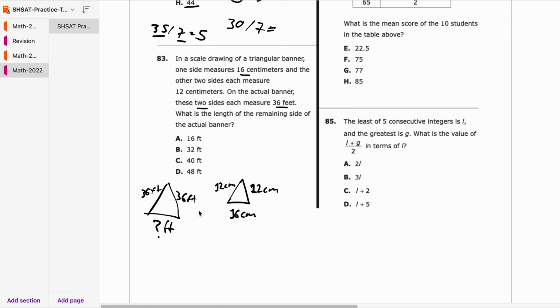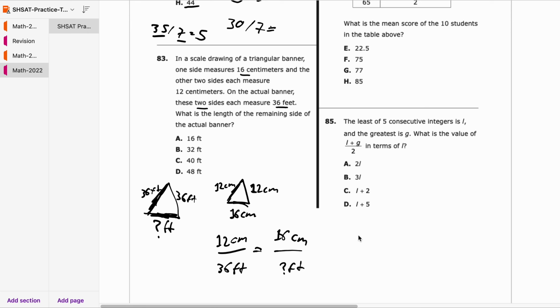Okay, so this is again a proportions question. So we know that 12 centimeters here is proportional to 36 feet here. And so therefore 16 centimeters, this bottom side, must be proportional to this question mark side.